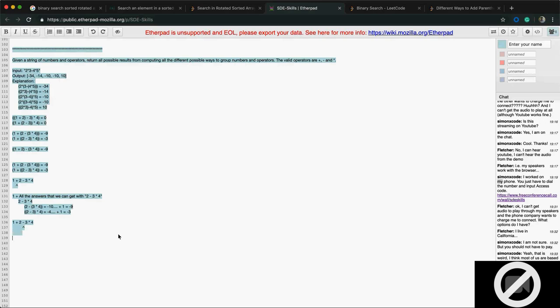So if we divide the string around this minus operator, then if I write it this way, let me write all the answers that we can get with one plus two, so this is the first set, minus all the answers that we can get with 3 plus 4.